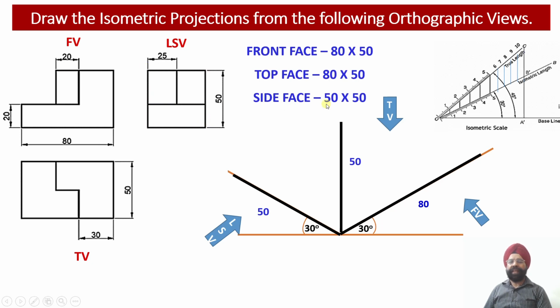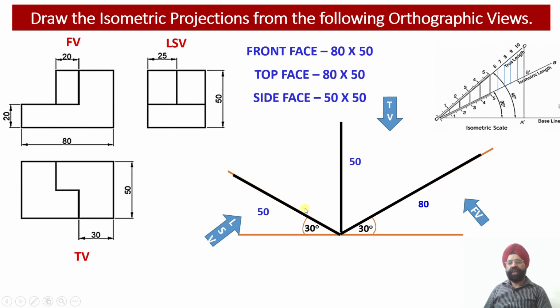So the side face of this cuboid will be drawn on the left-hand side, on the x and y plane: this is the x dimension, and this is the y-axis. So the x-axis and y-axis will contain the side face. My side face will be like this. What is the size of the side face? It is 50 millimeter by 50 millimeter.